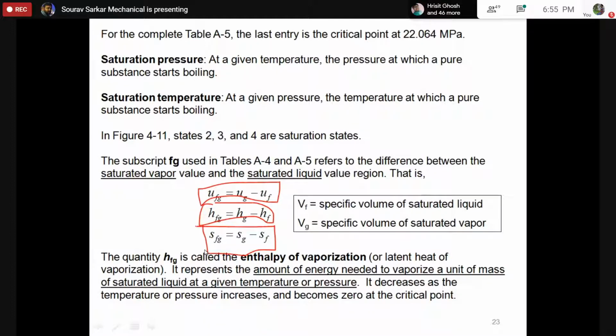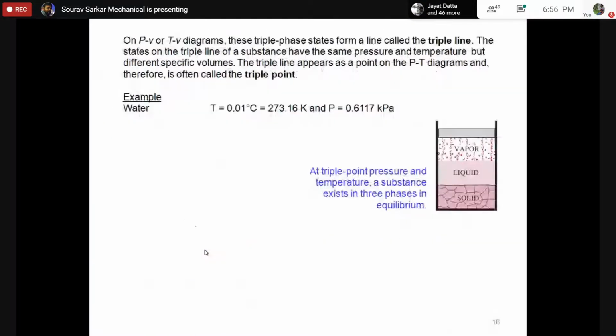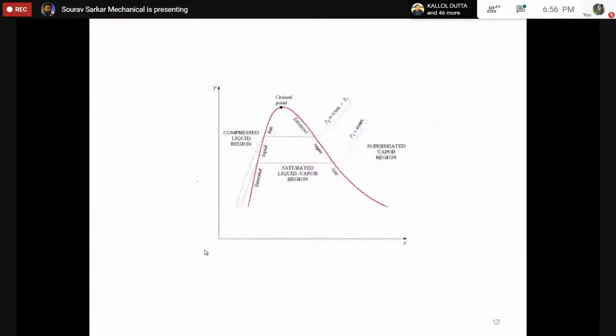What is the meaning of this? Just consider this is nothing but algebra: the saturated gas value minus the liquid value. F means this, and G means this. Any state on this line is designated by f, and any point on this line is designated as g.